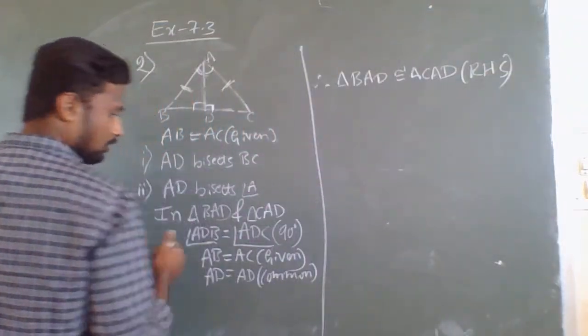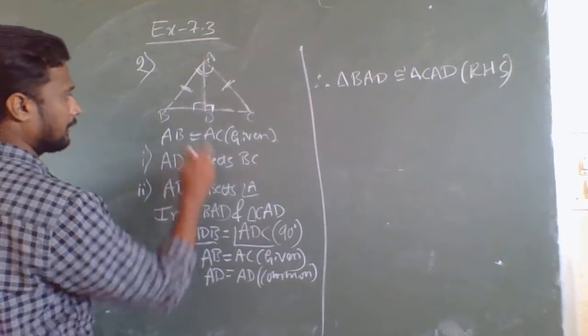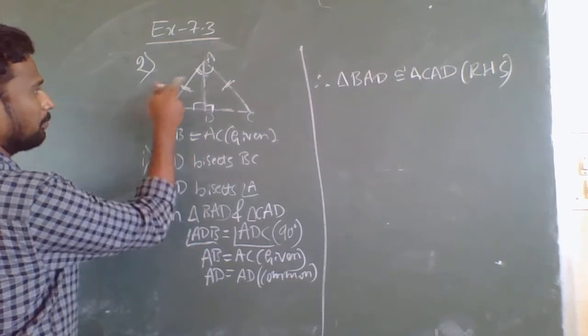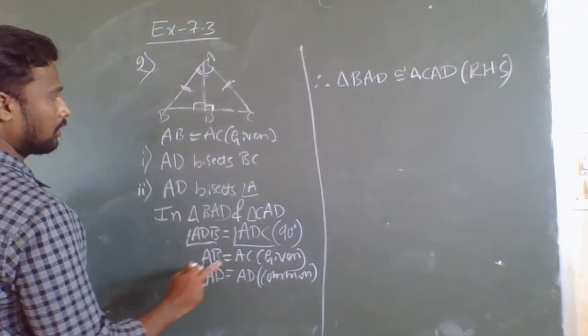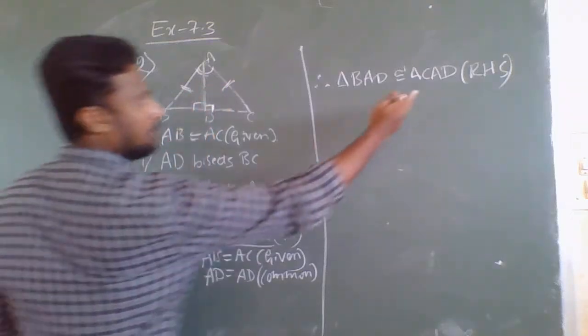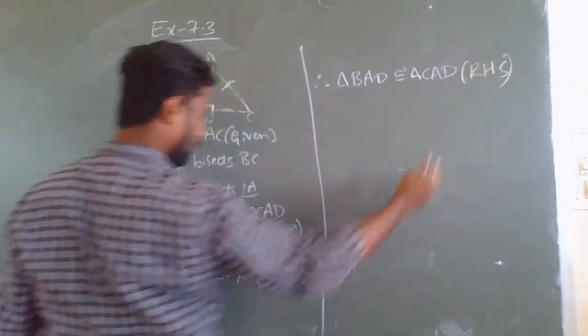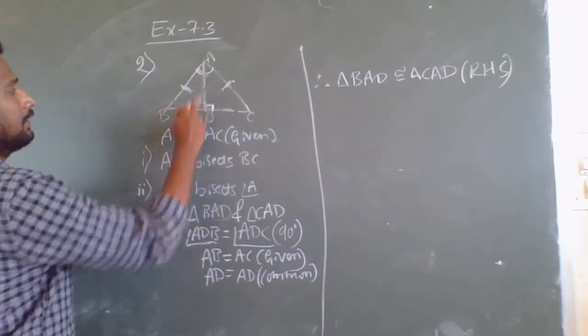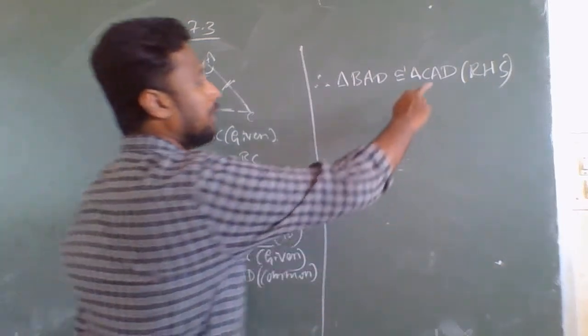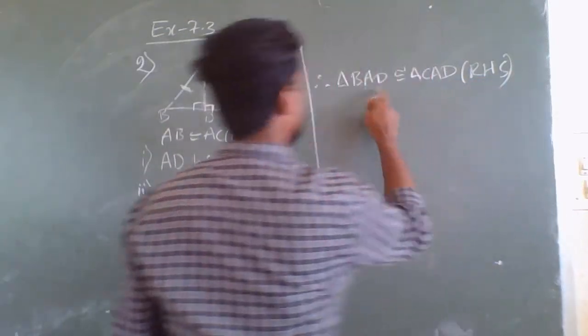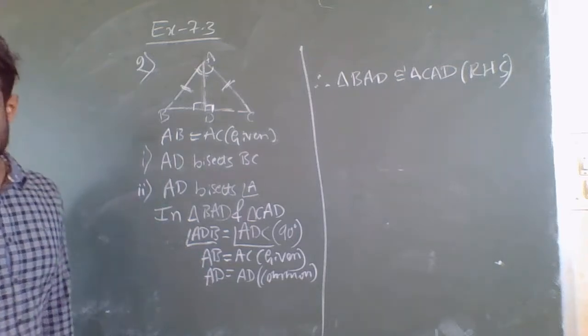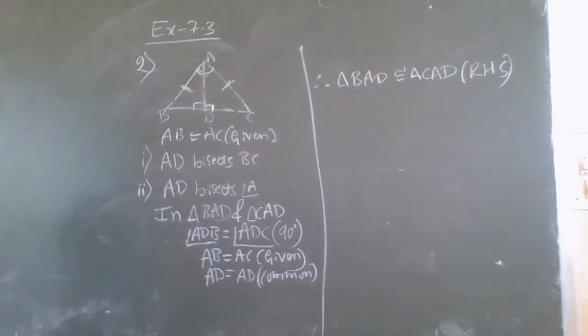These two angles are right angles of 90 degrees, AB and AC are hypotenuses, and side AD is common. Therefore, by right angle hypotenuse side, these two triangles are congruent to each other.